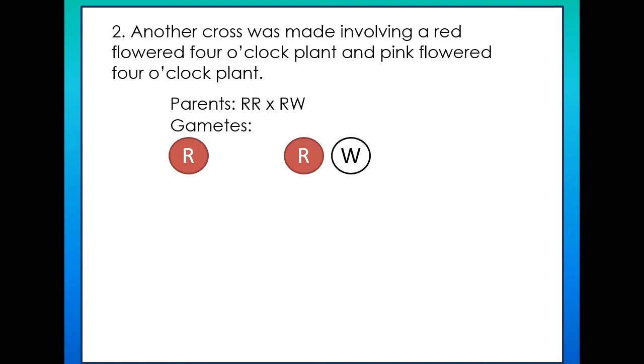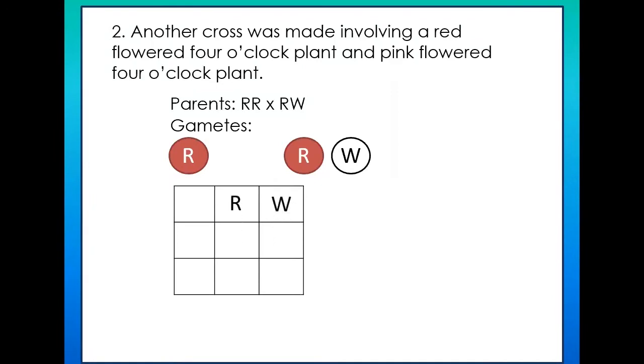So let's put the genotypes of the parents in this Punnett square, and let's do the test cross. R crossed with another R, we have 2 capital R's. Doing the same procedure for the rest of the letters, we have a capital R, capital W, 2 capital R's, and a capital R and capital W. So these are again the genotypes of the offspring.